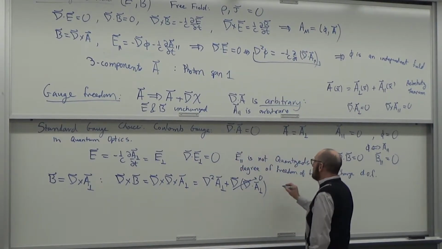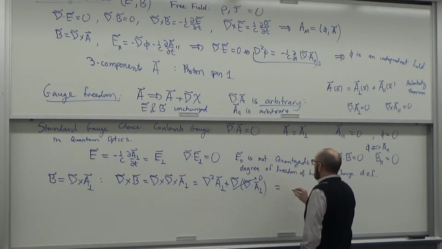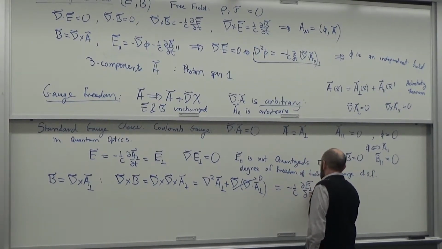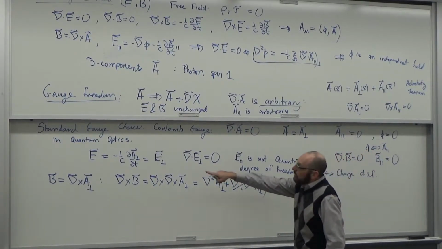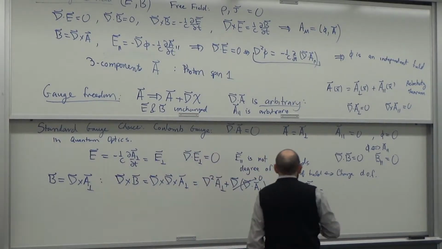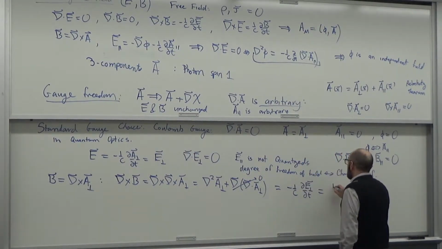And the curl of B is equal to minus 1 over c dE/dt. But E is equal to minus 1 over c dA/dt, so that is equal to 1 over c squared d squared A/dt squared.